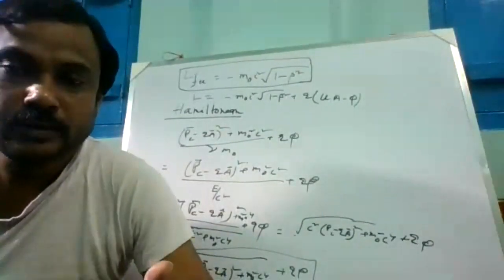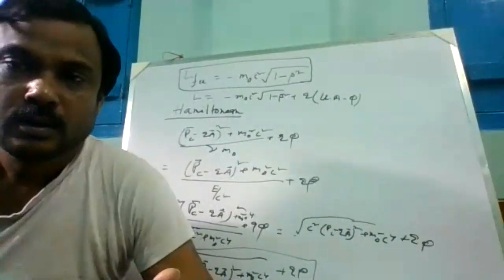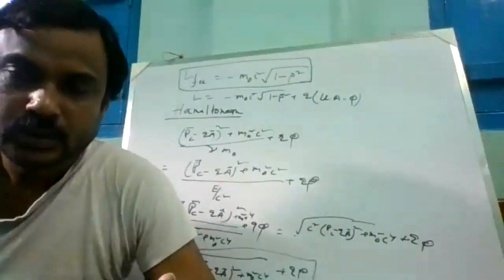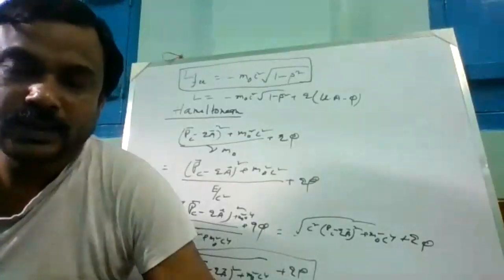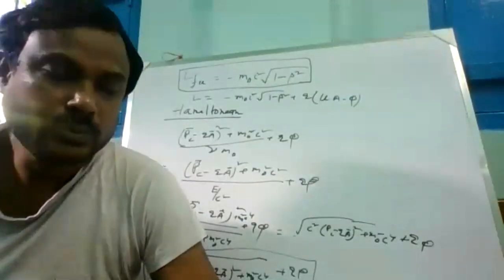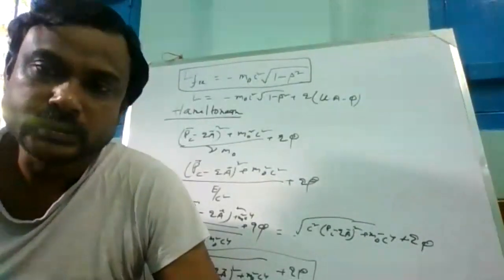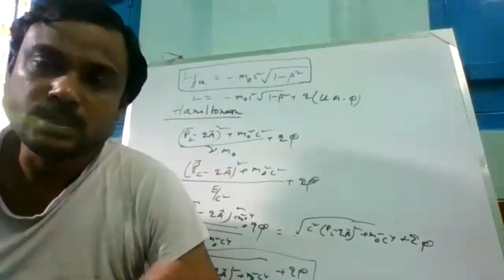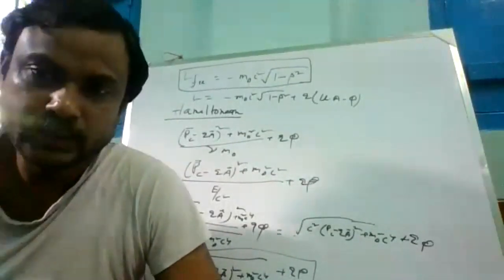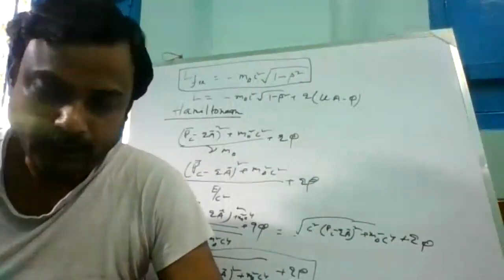Next, once we have obtained the expression for potential, the expression for electric field and magnetic field is very easy. What you have to do, you know, E equals minus grad phi minus del A del t, and B equals del cross A. So you have to take derivatives: gradient, curl and time derivative.